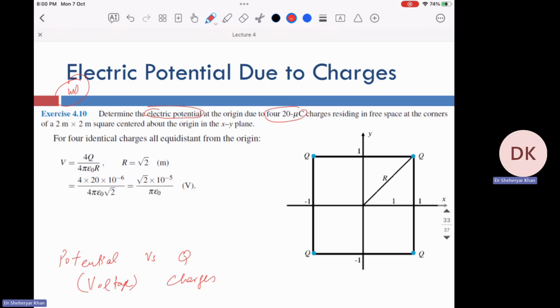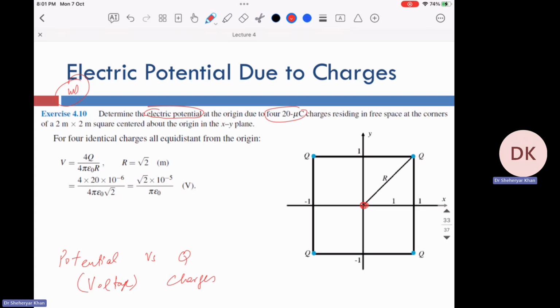You are given four charges, 20 microcoulomb each, in a 2 meter by 2 meter square, and the voltage is asked at a point. Remember, one charge can produce an electric field, and if you move away from the charge, you get some voltage. If there are four charges, they will interact with each other.